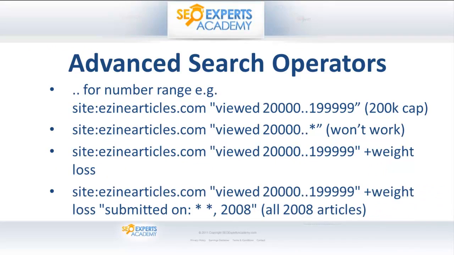Now let's take it a step further. We can actually add an additional search string with a wildcard, and we're going to tell Google to show us all of the most viewed articles on ezinearticles.com with views between 20,000 and almost 200,000 in the weight loss niche, but submitted on any day of any month in 2008, or we could do that for any year.